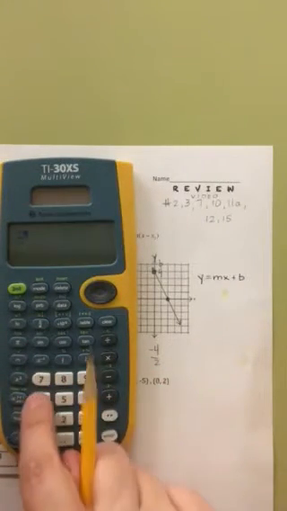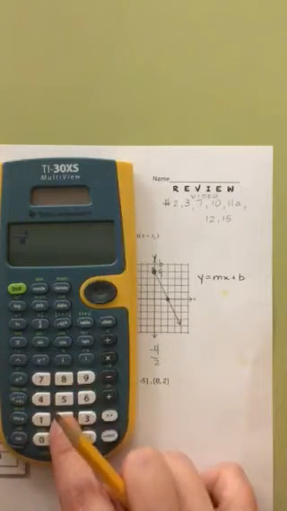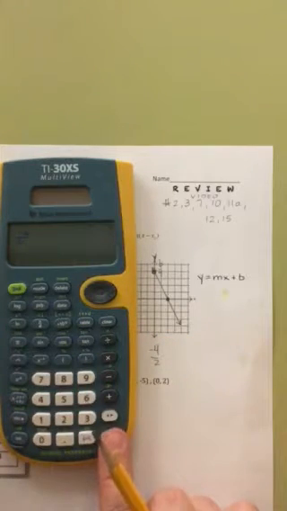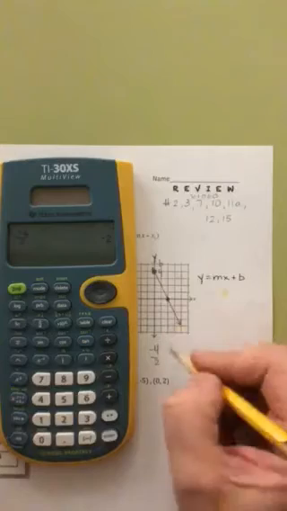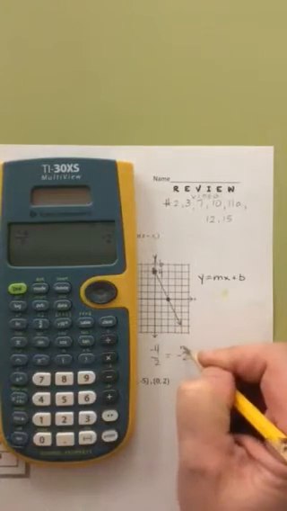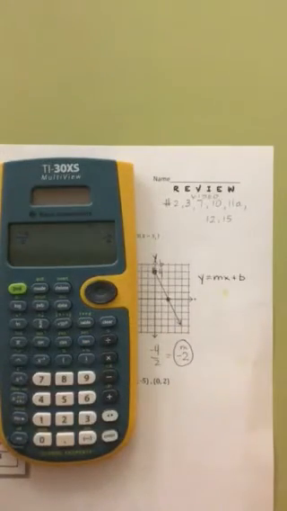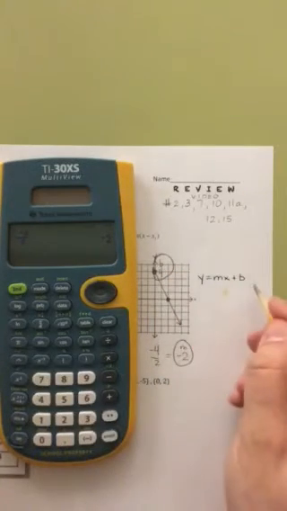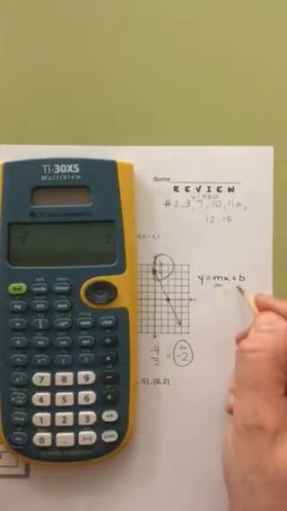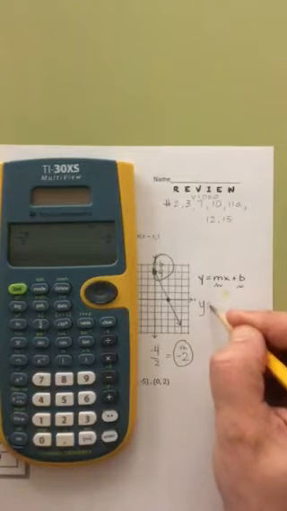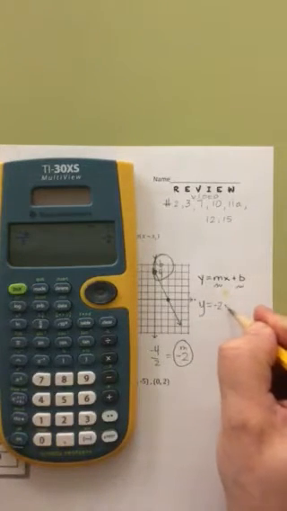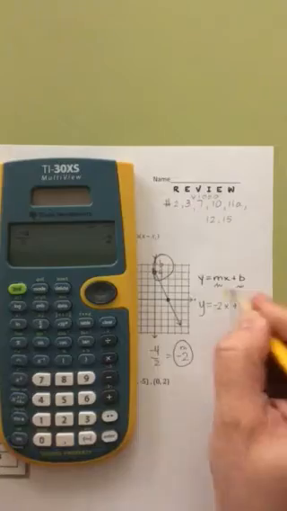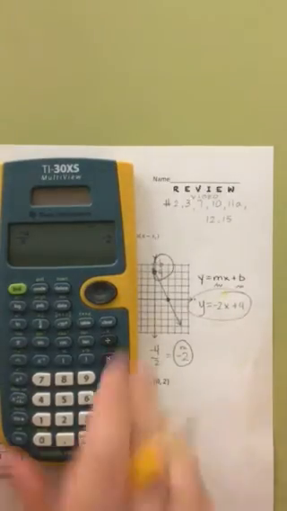I can enter in negative 4 over 2 and hit enter. This simplifies to negative 2, which is my slope. I have my b value, I have my m value. I go back to my equation and I can substitute. And I'm done.